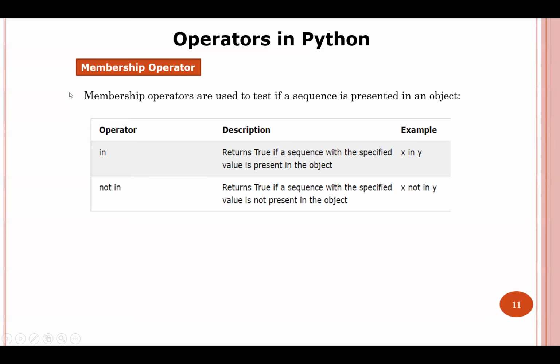So using the membership operator we can check whether something is a member of some group or not. The operators here are in and not in.